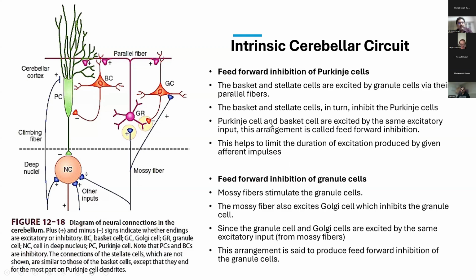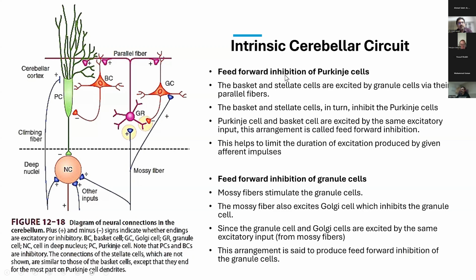So one input is there, it is excitatory in nature as well as inhibitory in nature. So this is how coordination is working in the cerebellum intrinsically. This helps to limit the duration of excitation produced by given afferent impulses. Now the second one is feed forward inhibition of the granule cells.